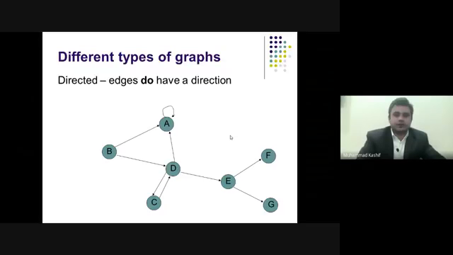We have a direction from B to A, because we are moving from B to A. And if we want to move from B to D, there is a direction, and there is a cyclic path available on A. If you can see, it's basically a loop.